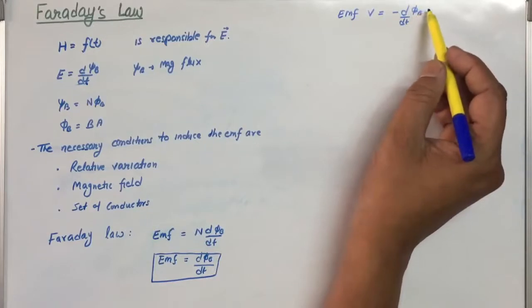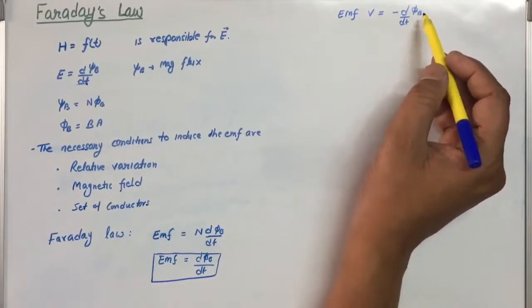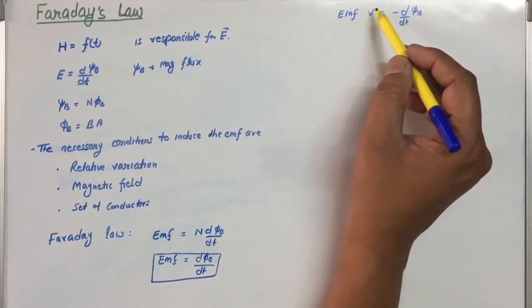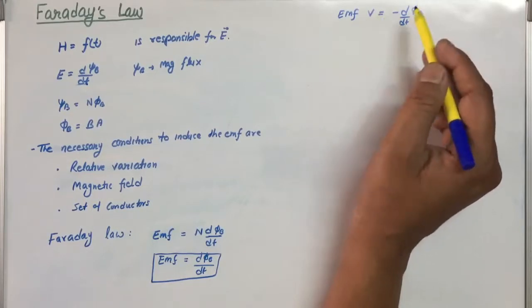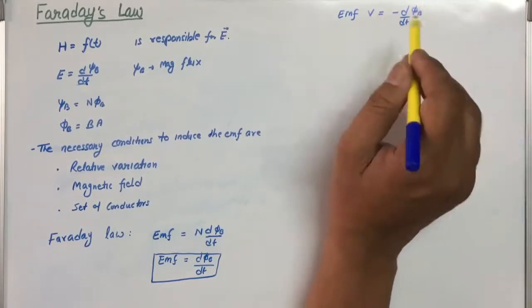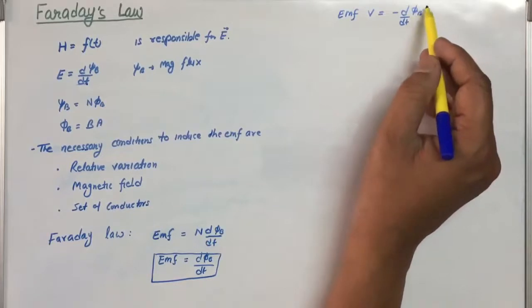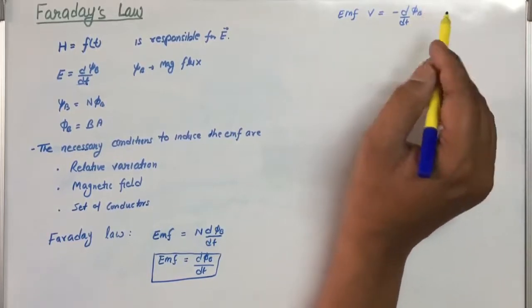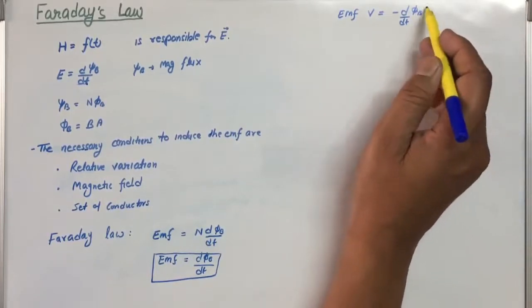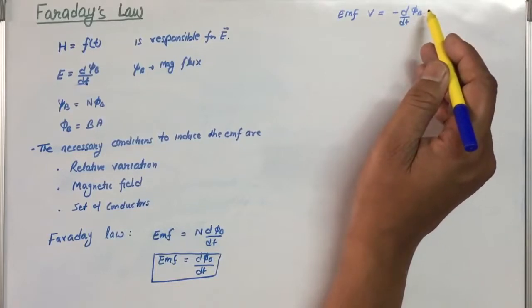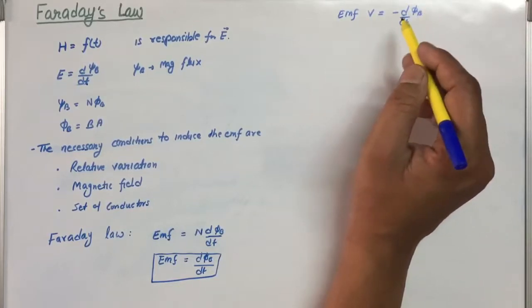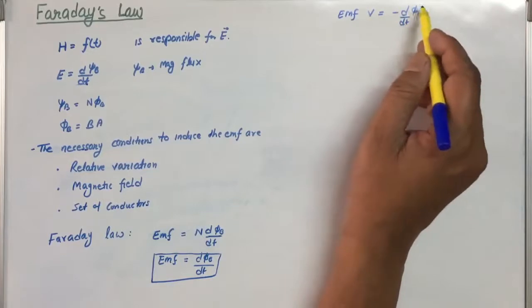If flux is decreasing, then EMF will be induced in such a manner that it produces the current that tends to increase the flux. Similarly, if flux is increasing, then EMF will induce the current to decrease the flux.